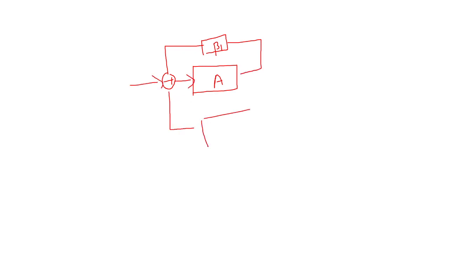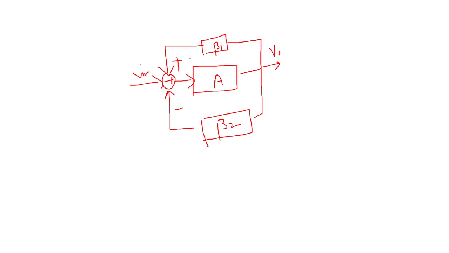Say I have an amplifier A, and this is beta 1, and this is beta 2. One is plus and one is minus, with V in and V naught.